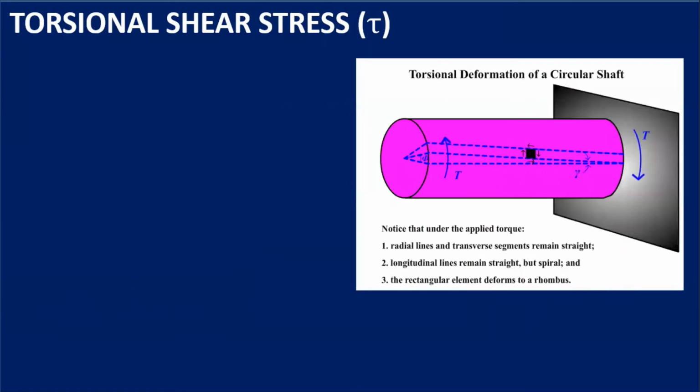Now consider a shaft, and this shaft is fixed at one end, and the other end is subjected to a torque. We can see here the torque, which is denoted by T in this case. And as a result, every cross section of this shaft is subjected to torsional shear stress.